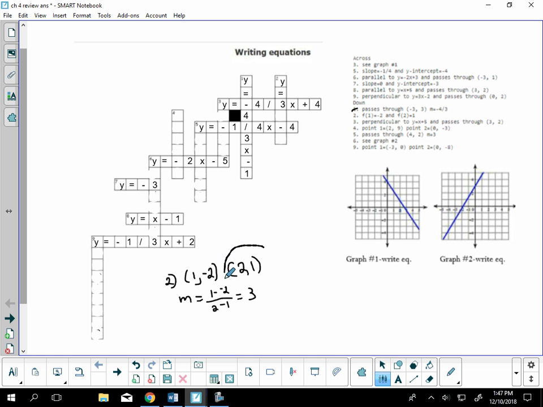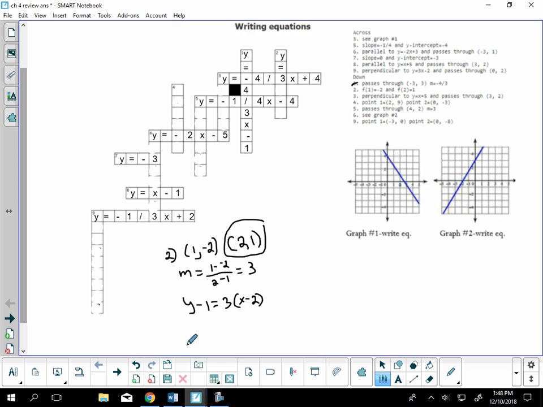Choose a point. I'm going to choose this one because there's no negatives there. Y minus your y coordinate equals your slope, x minus 2. All right, distribute. Y minus 1 equals 3x minus 6.